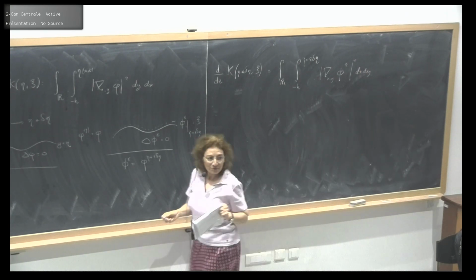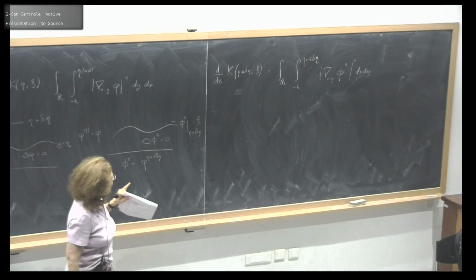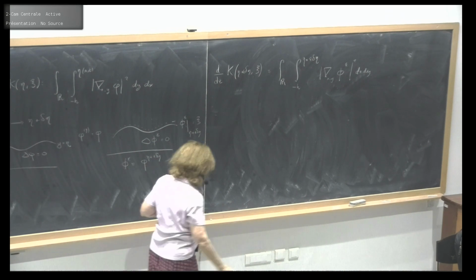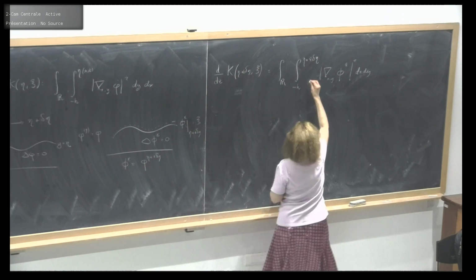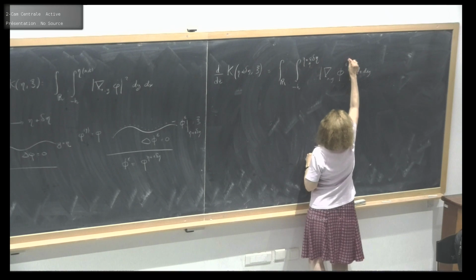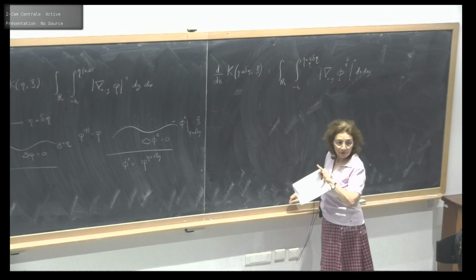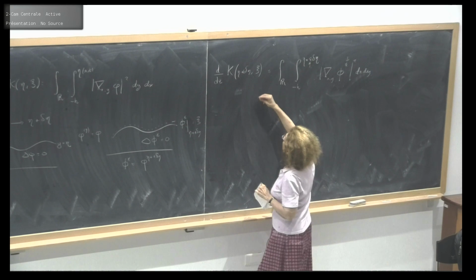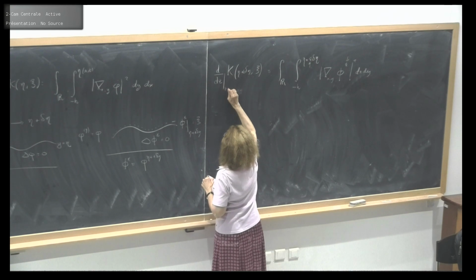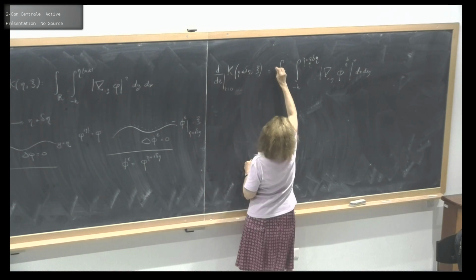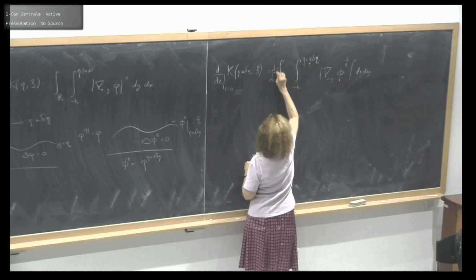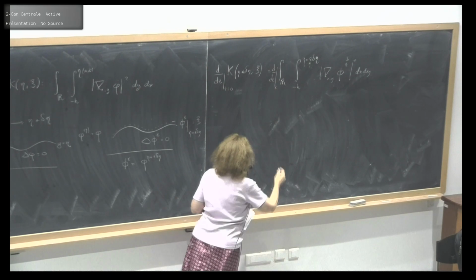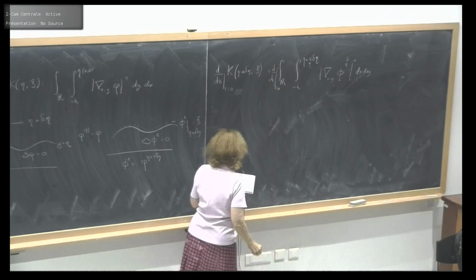So I want to differentiate with respect to epsilon. And where is epsilon? It is in two places. It is here, and it is here. Okay, so there will be two terms. And then I take it at epsilon equals 0.